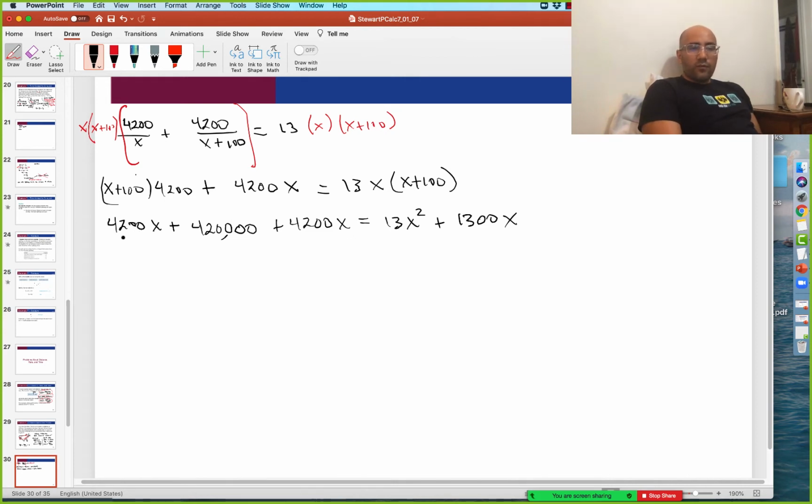Okay, so 4,200 plus another 4,200 makes it 8,400. So combining these two gets to 4,800x plus 420,000 equals 13x squared plus 1300x. So I'm going to move everything to one side, shift it over so that we can use the quadratic formula.